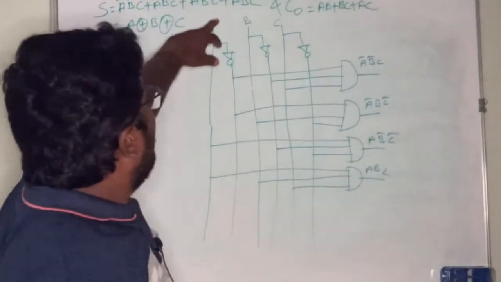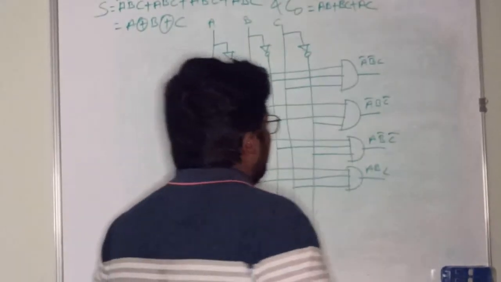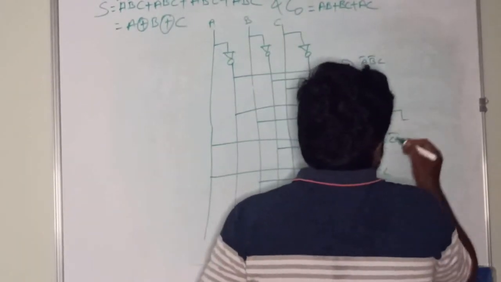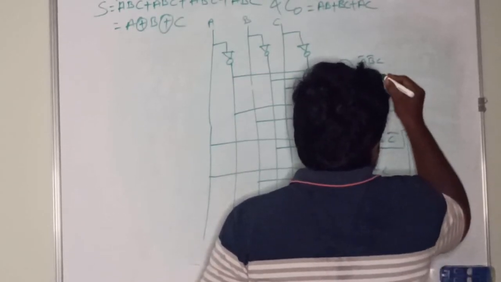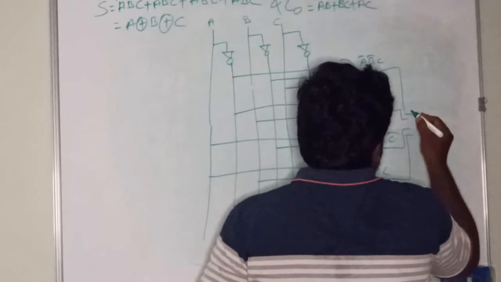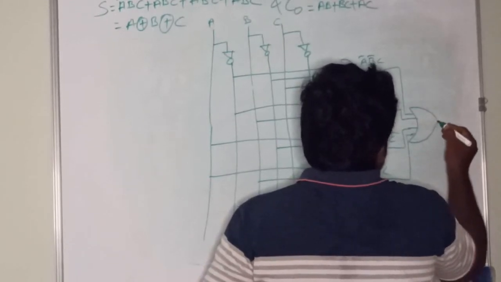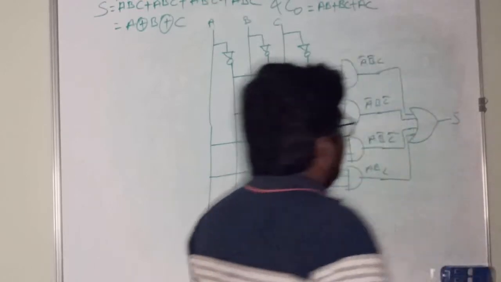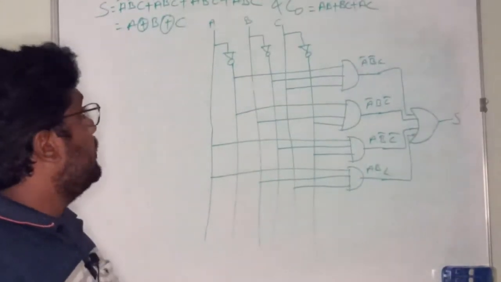All these 4 product terms are combined by using an OR operation, so all these combinations will be combined with an OR gate. So this is the sum representation by using the logic gates.